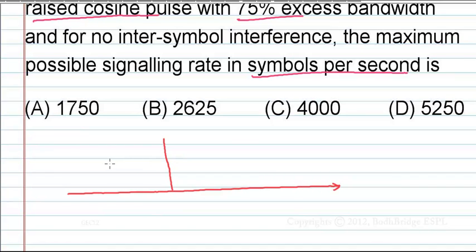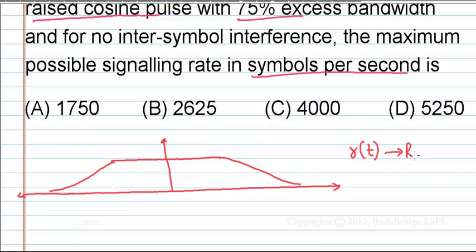For a raised cosine pulse, the frequency plot is in this way. Let us say the raised cosine is r of t and its Fourier transform is r of j omega.